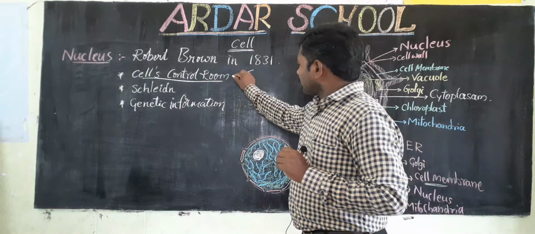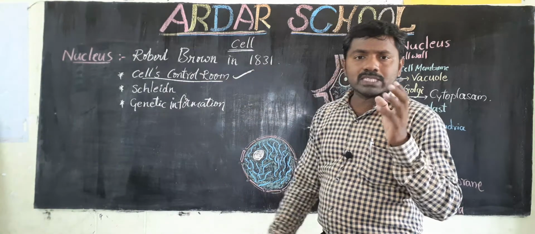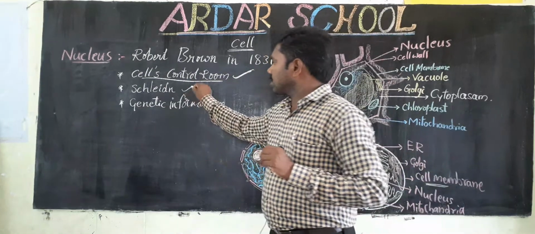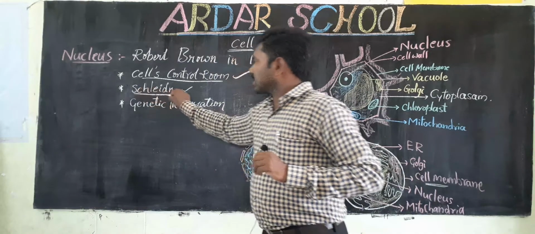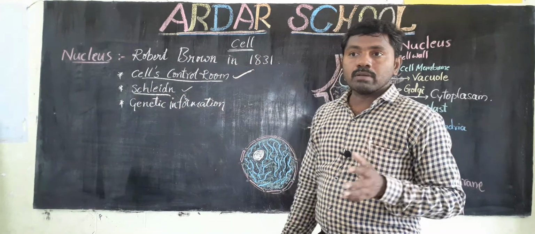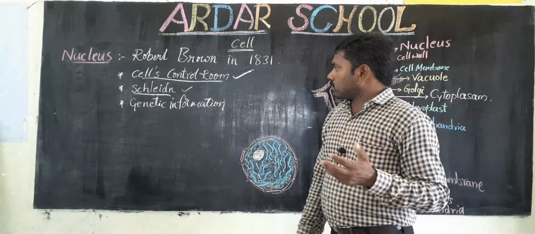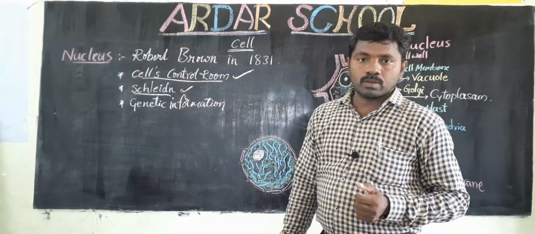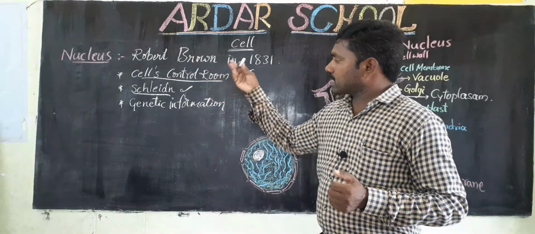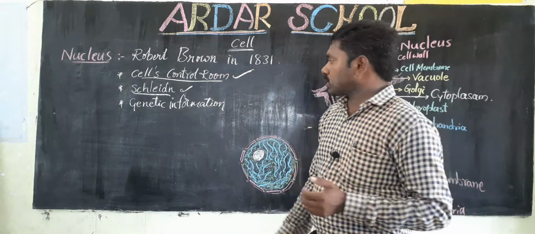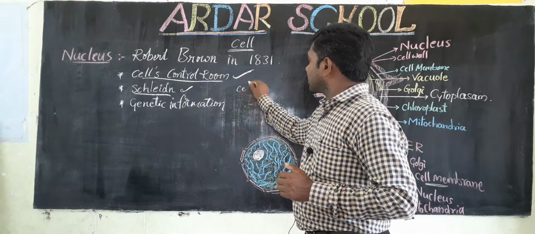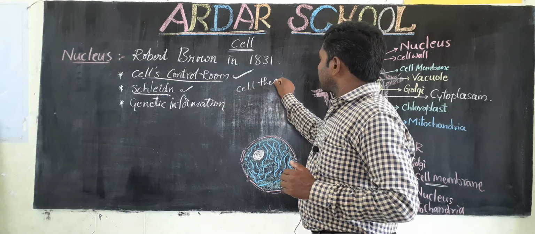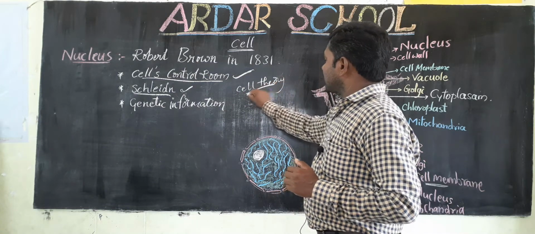Next, the scientists Schleiden and Schwann developed the cell theory. They were prominent scientists who proposed the cell theory. What is the cell theory?